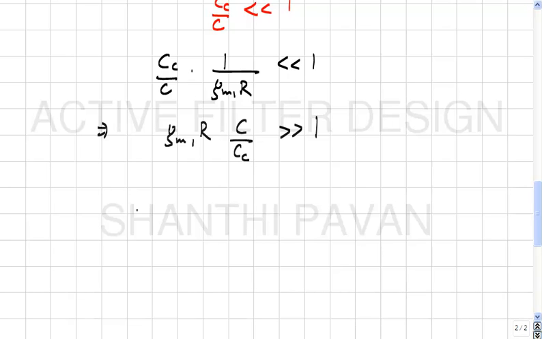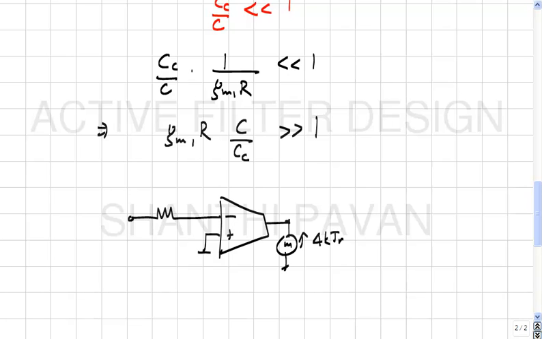All right. The next thing is, if you consider the noise of this, say 4 kT eta times Gm1, and this is Gm2.